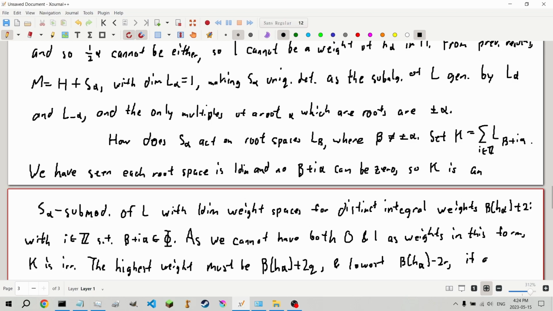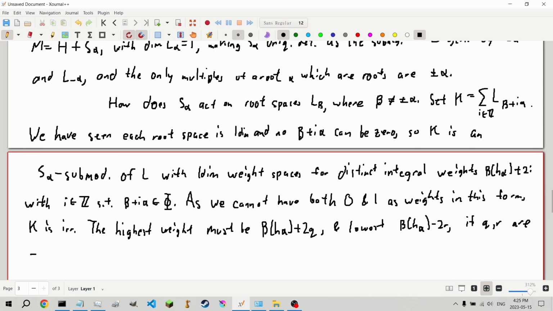if Q and R are the largest integers such that beta plus Q alpha and beta minus R alpha respectively are roots.